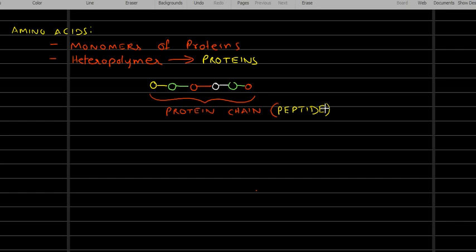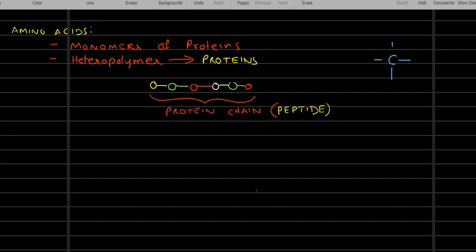segment of the final protein. Now, what is the characteristic feature present in amino acids? If you talk about their general structure, they have a central carbon atom, which is also referred to as a asymmetrical carbon atom.